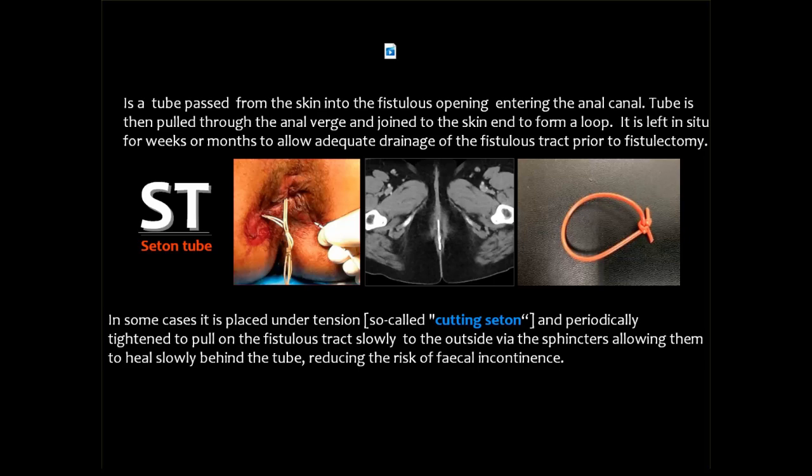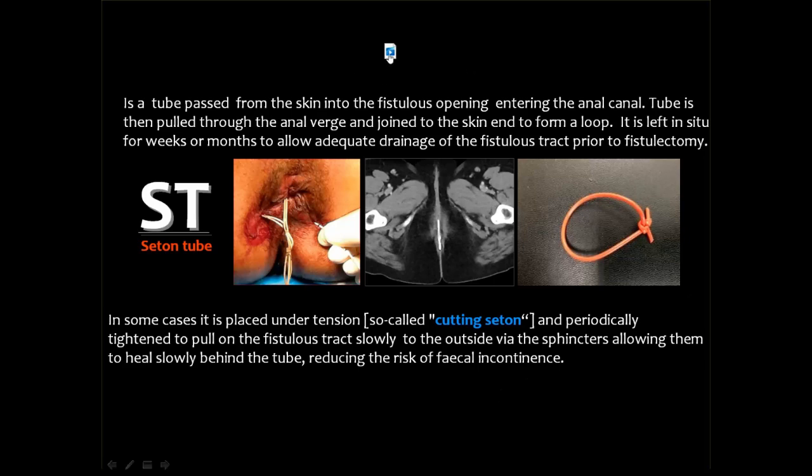Then the next time you tighten it more, and you pull the tube slightly to the outside, and its original place will heal by granulation tissue. And this will slowly direct the fistulous tract to the outside, away from the sphincters, and this will reduce the risk of fecal incontinence if you decide to do some surgery.